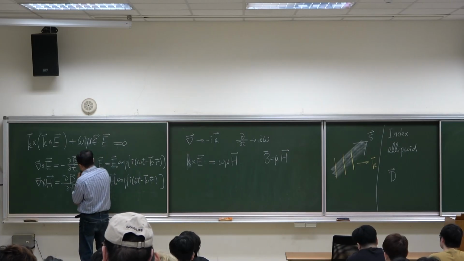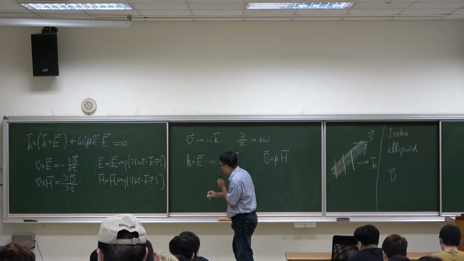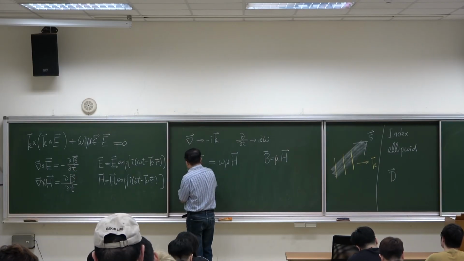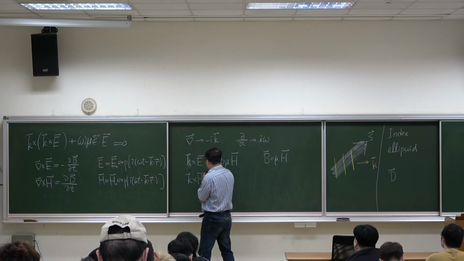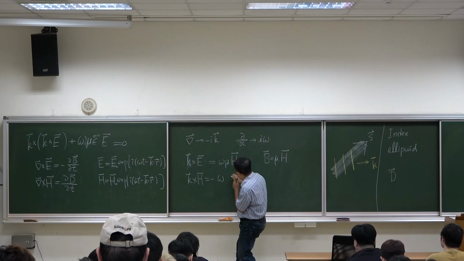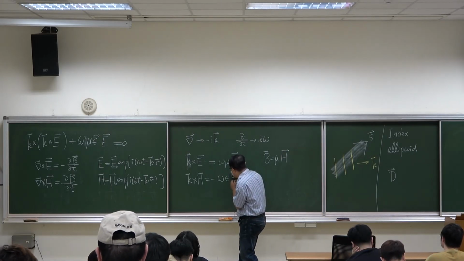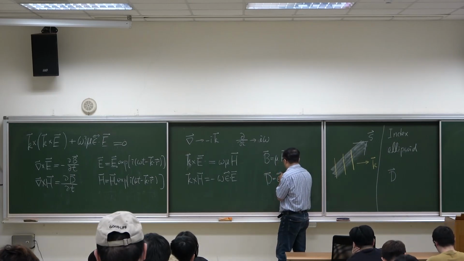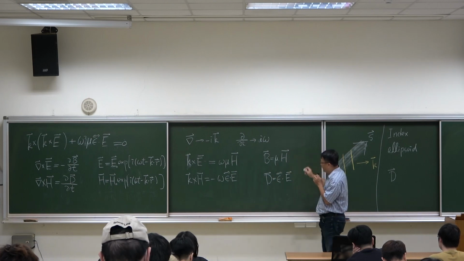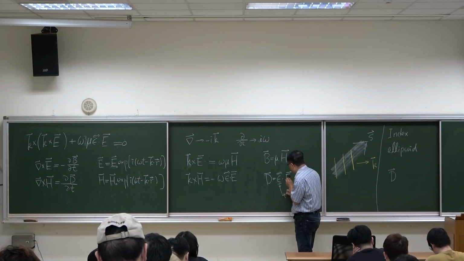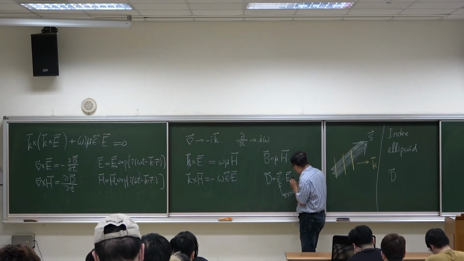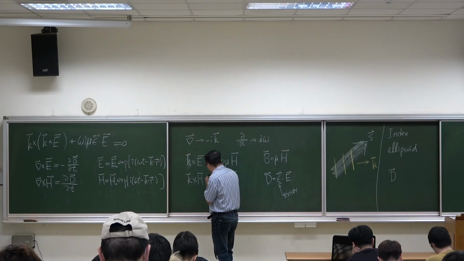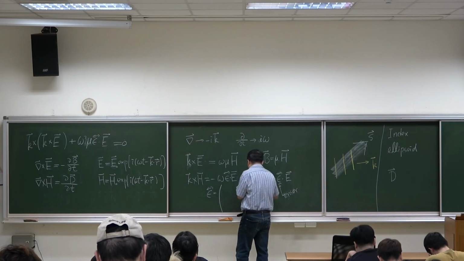Now this equation has the same form as the previous one, but with a different sign. So we get K cross h equals minus omega epsilon E. Here D is epsilon times E. Remember, now epsilon is a tensor, which means that you can describe epsilon as a matrix, a 3 by 3 matrix.